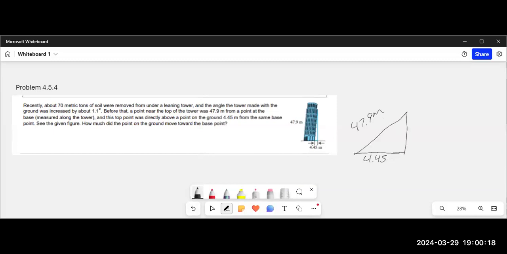And we have a right triangle because this is the base over here, and the tower is leaning this way. I've exaggerated it a little bit.